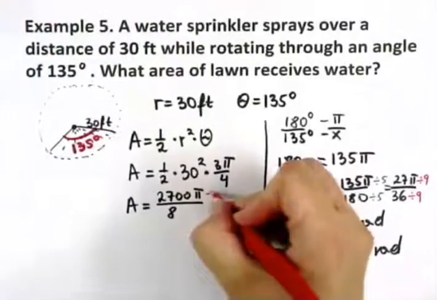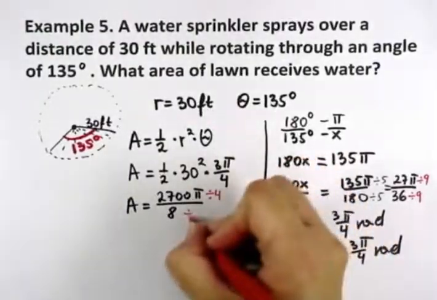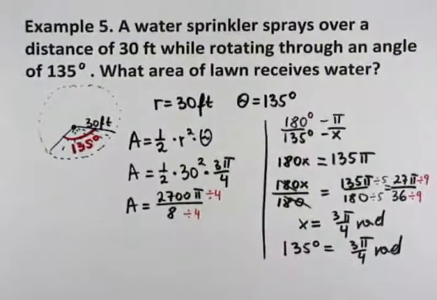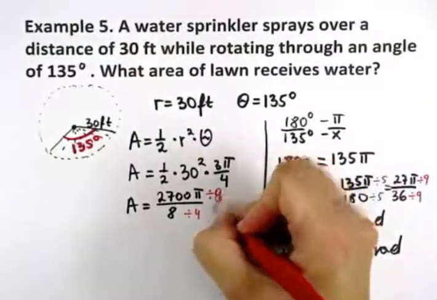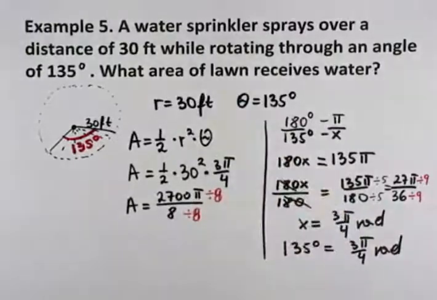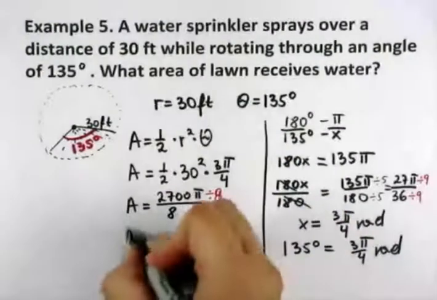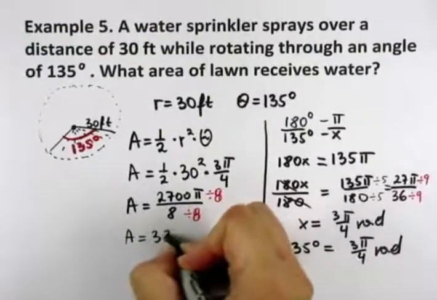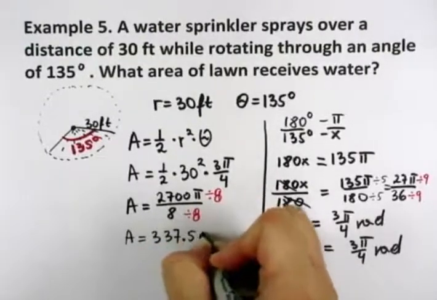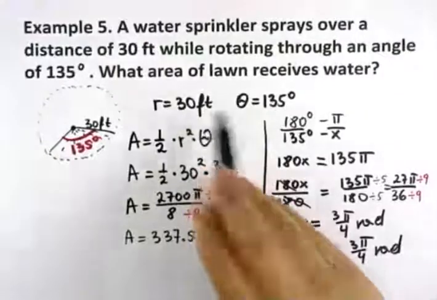We can reduce by 4, and then divide by 8 and get the answer right away: the area is equal to 337.5 pi, and the unit is feet squared.